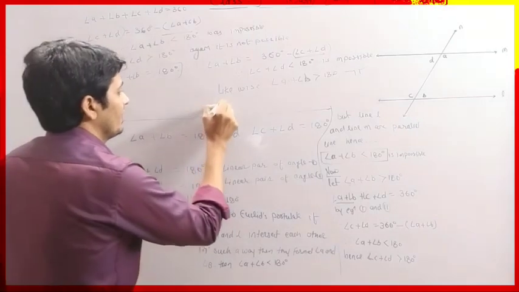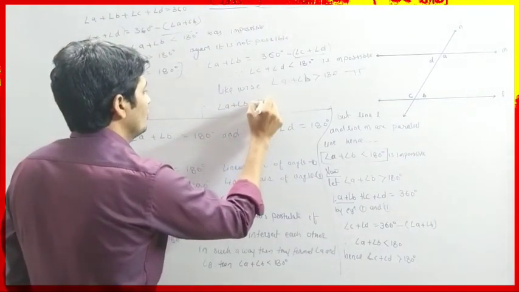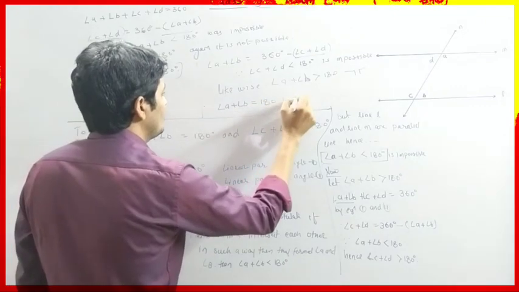Therefore angle A plus angle B equals 180 degrees is true.